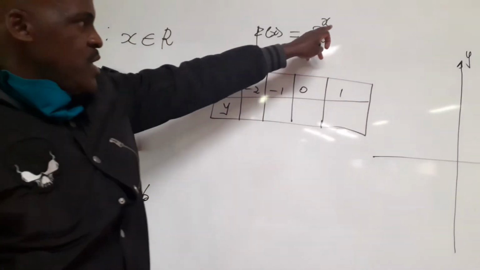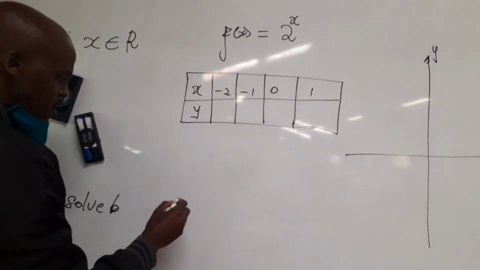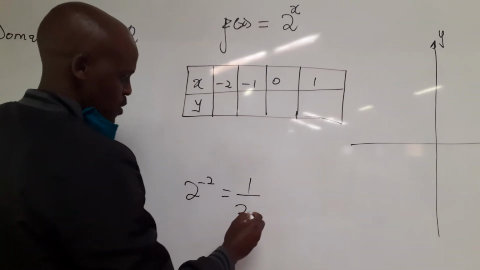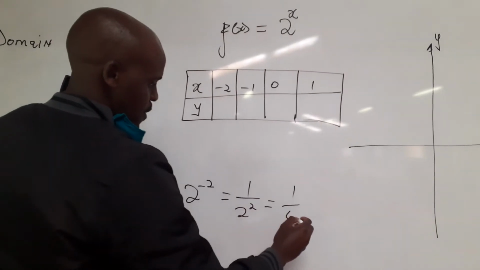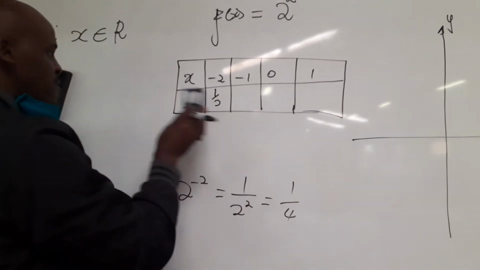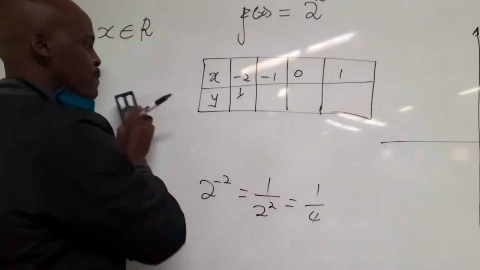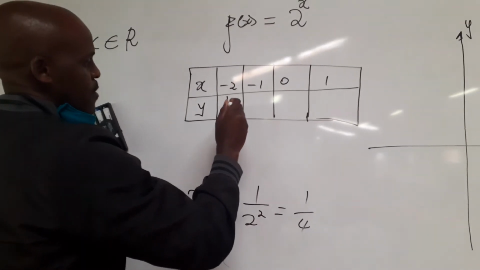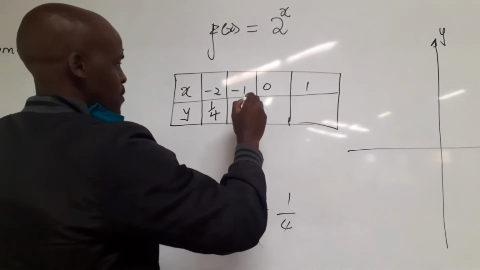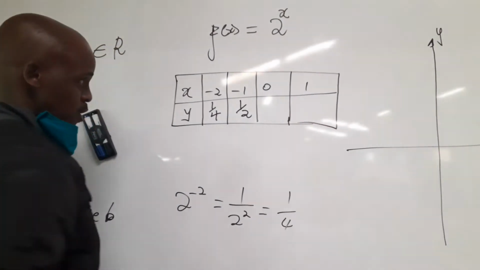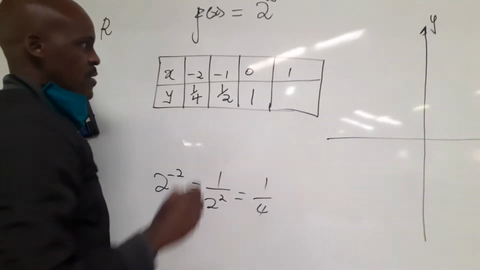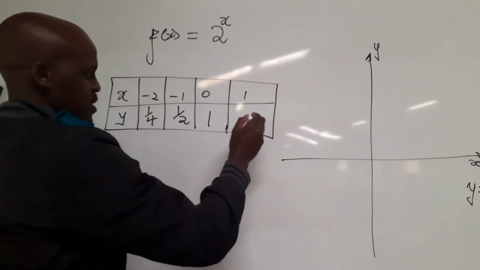When we put -2 up there, this is the same as 1 over 2 squared, which is 1 over 4. Therefore, we're going to have 1 over 4 there. Putting -1 in the place of x, we are going to get 1 over 2. Putting 0, any number to power 0 is 1. Put 1, we are going to get 2.